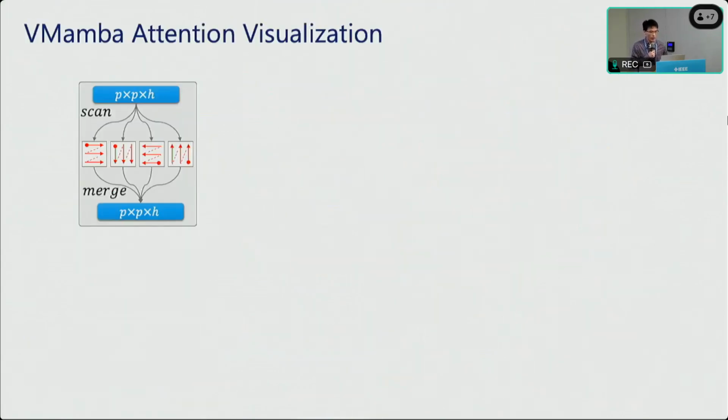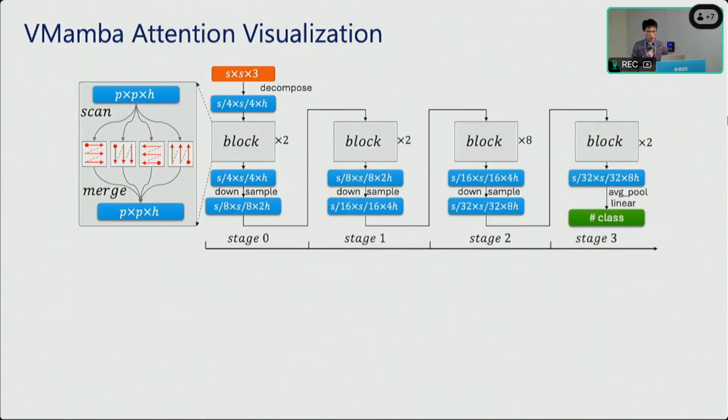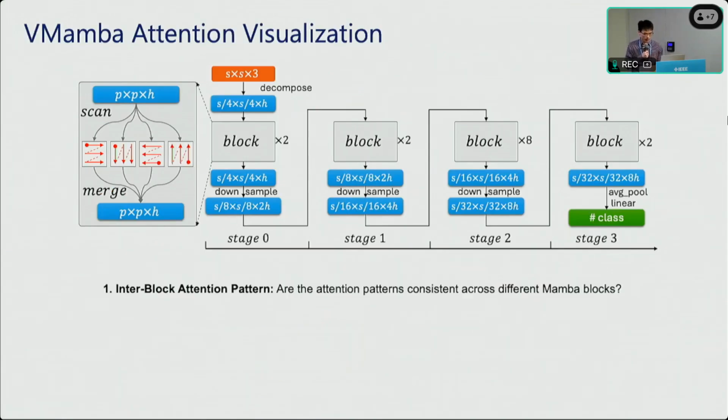What I have told you so far only happens within a single Mamba block. But for a Mamba model, we have multiple Mamba stages, and within each stage, we have multiple Mamba blocks. The concept of stage and block is similar to the concept of layer and head in transformer. And we have two research questions.